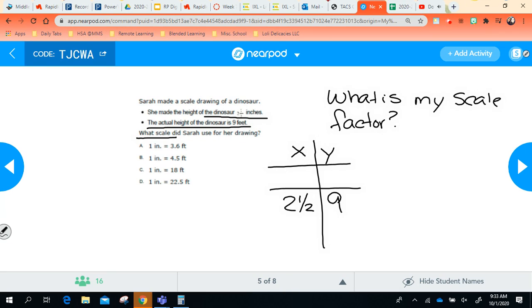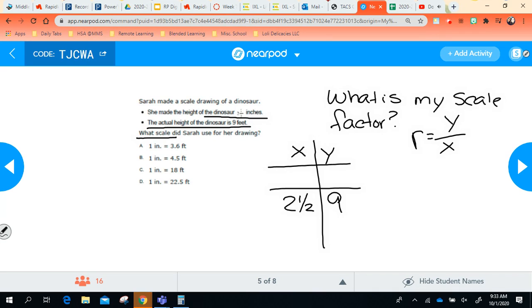So remember, we talked yesterday about scale factor being the same thing as when we find our unit rate. So how is it that we find our unit rate? By doing what? Y by X. Good. And remember, your unit rate is any number to 1. So we'd be looking at 1 to something.